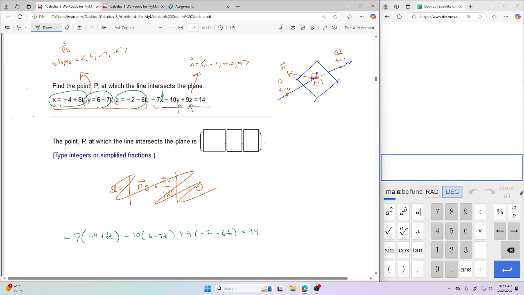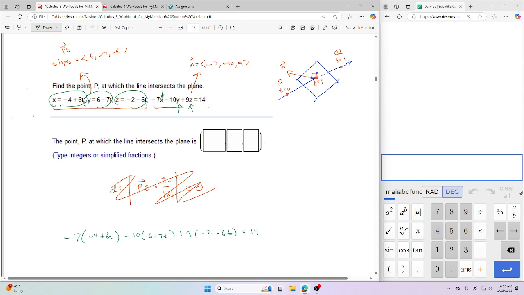What if I plug them in? And I need to solve for t. Now look at the big equation I have here. What do I need to do to solve for t? Simple algebra.